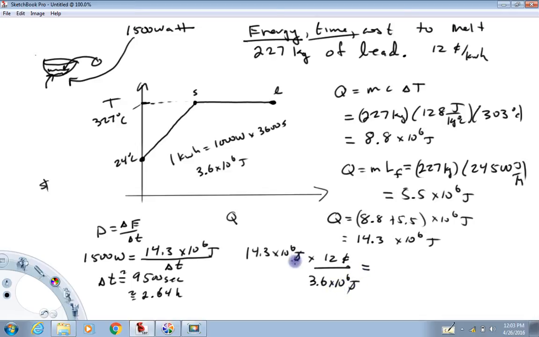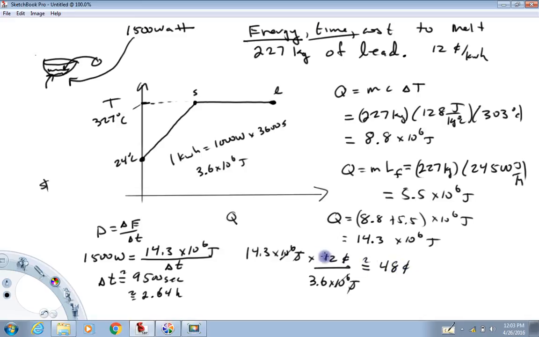And you notice the joules cancels, leaves us with cents. And you notice the 10 to the 6 also cancels. Would somebody give me 14.3 times 12 divided by 3.6? About 48 cents approximately.